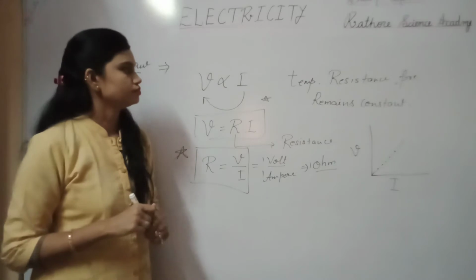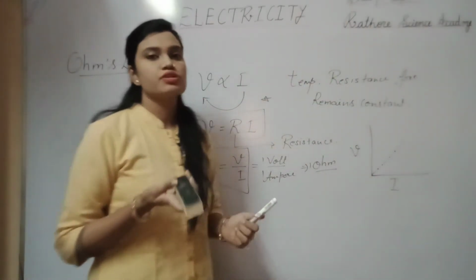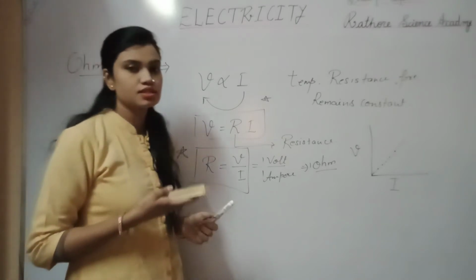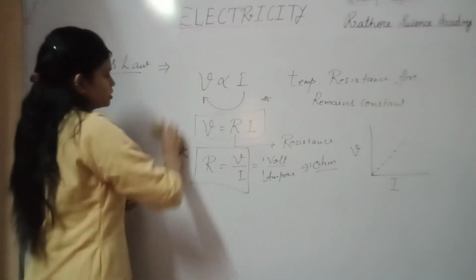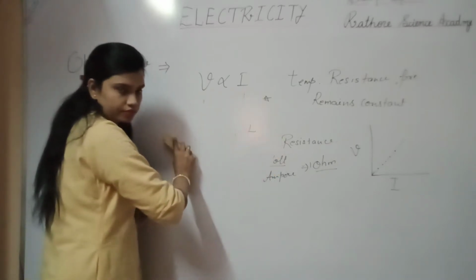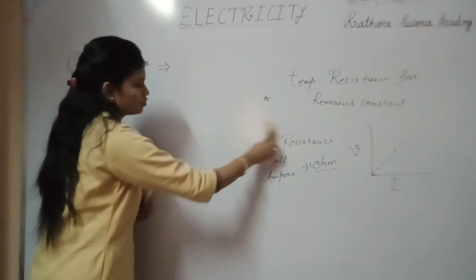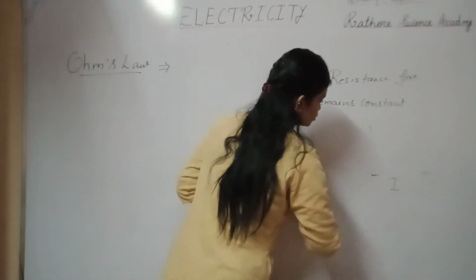Now, even in our previous video we discussed resistance. So what is resistance actually? At that time I said that it is something which opposes the current, and that we will discuss it later. Now we will discuss what resistance actually is.